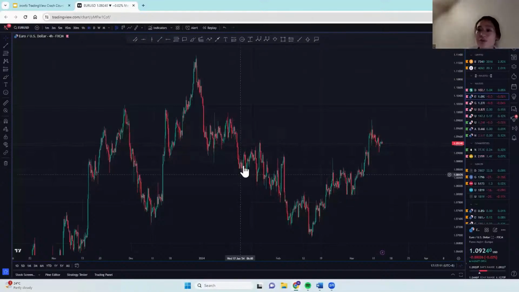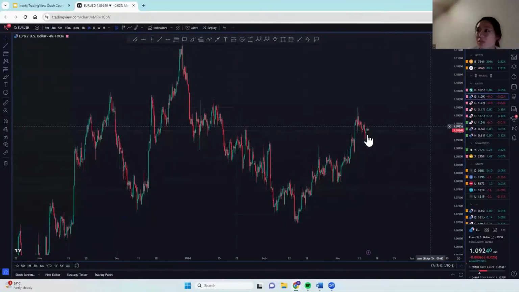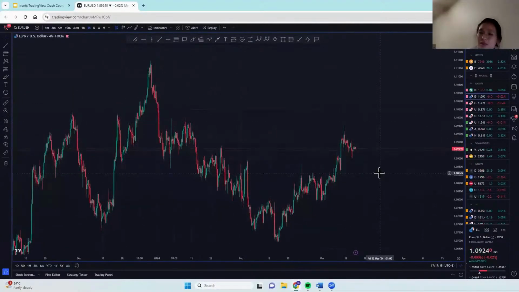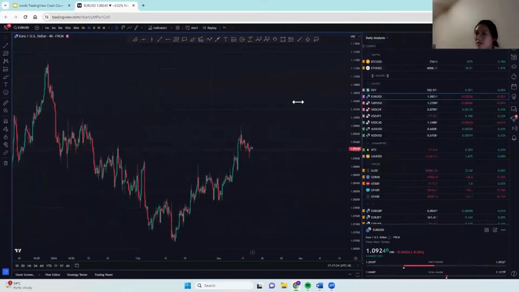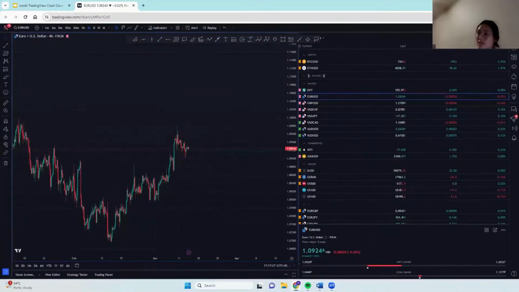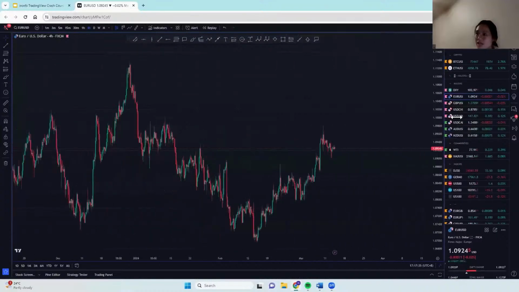So for euro dollar, maybe to start off with the basic functions, as we went through in our slides, the watch list is over here. Click on it and then you can add some more symbols to your watch list. It can be cryptos, commodities, currencies, really anything.